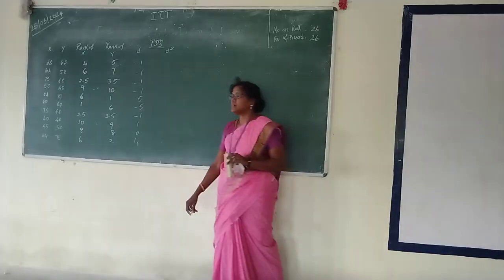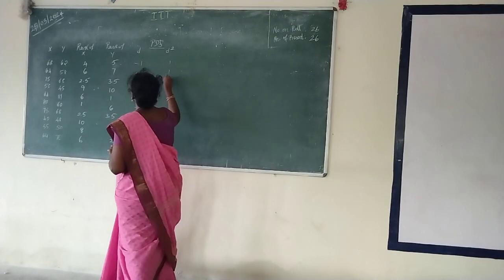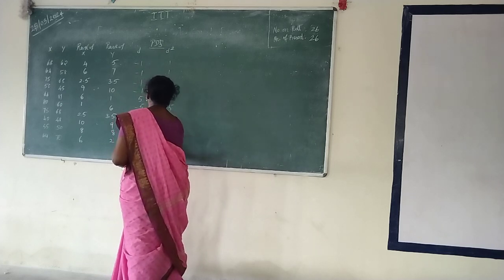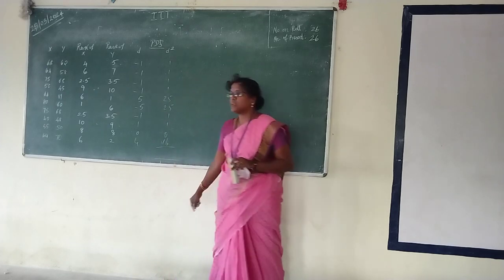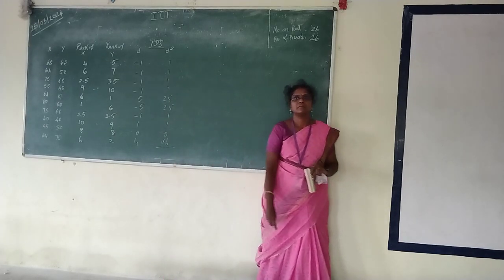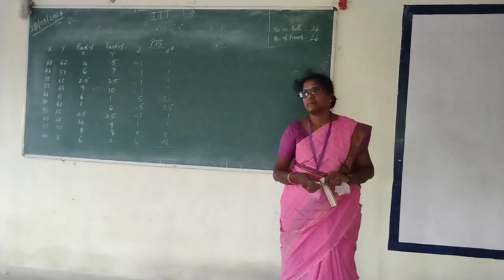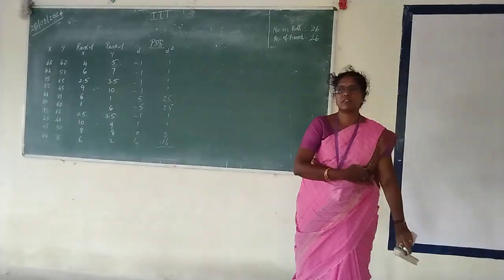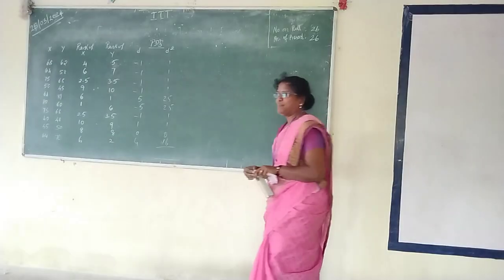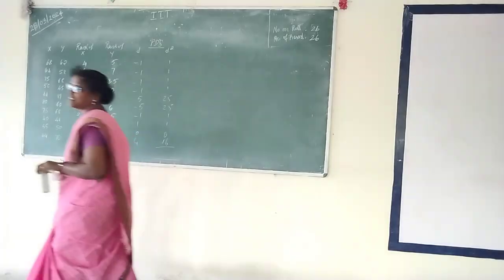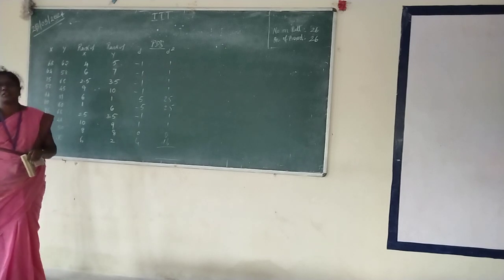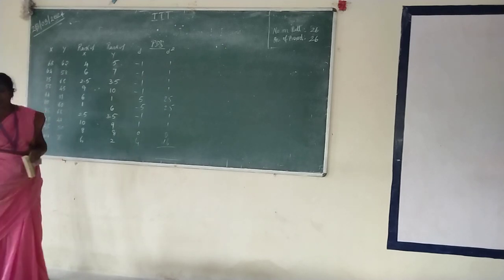Find d square. Tell me the total. 66... 70. 70, yeah.